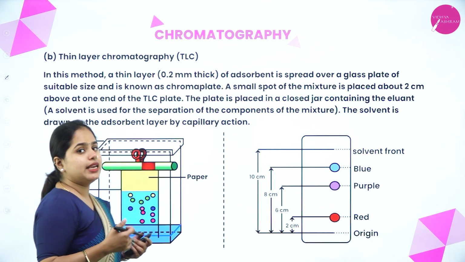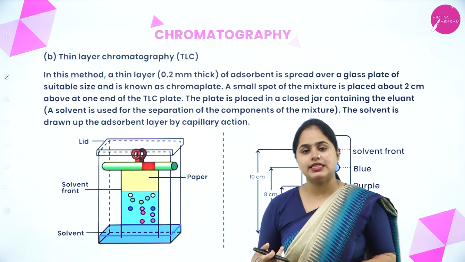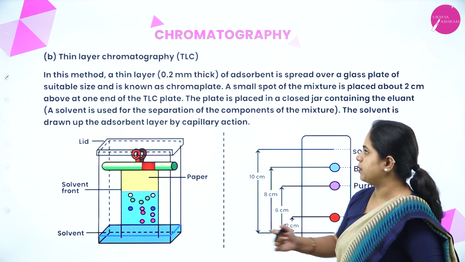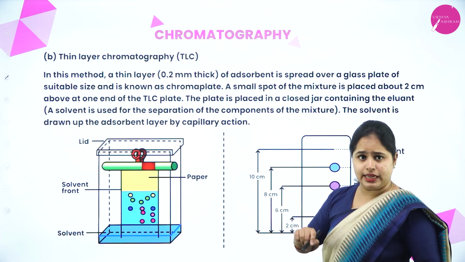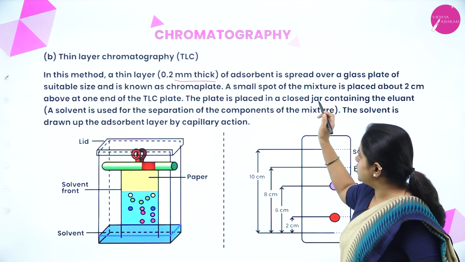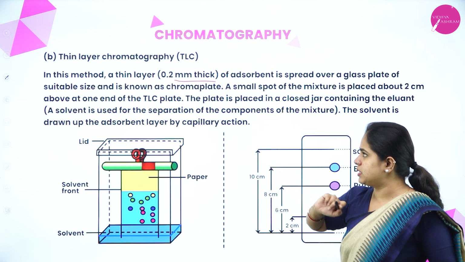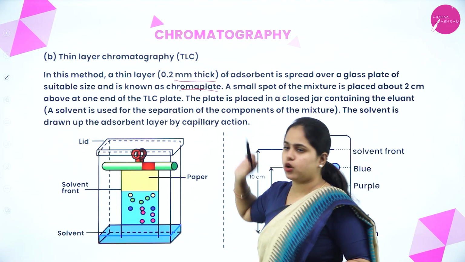Next one is TLC, that is thin layer chromatography. TLC stands for thin layer chromatography. In this method, a thin layer, that is of 0.2 millimeter thickness, of adsorbent is spread over a glass plate of suitable size, and that is known as the chroma plate.